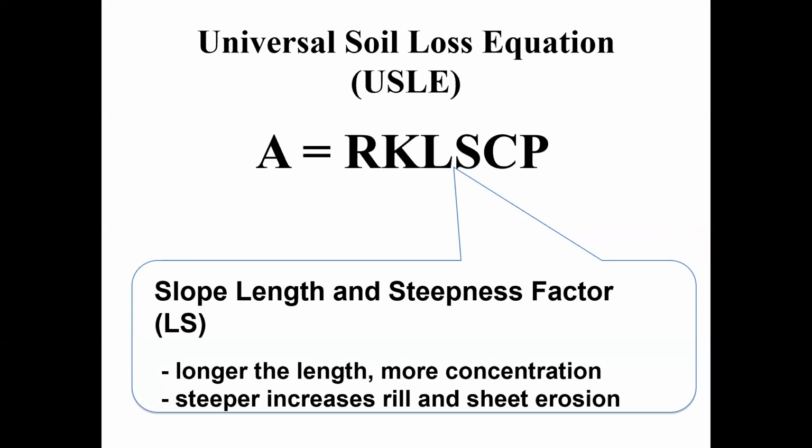So this factor is actually based on some experimental data. A lot of the components of this equation were developed in agricultural lands, and the slope length and steepness factor was measured experimentally on a handful of soil texture types using a fetch of 22 meters and a slope of 8%.